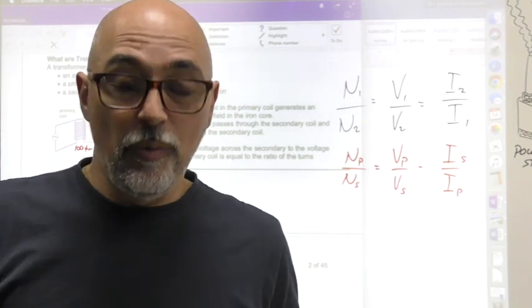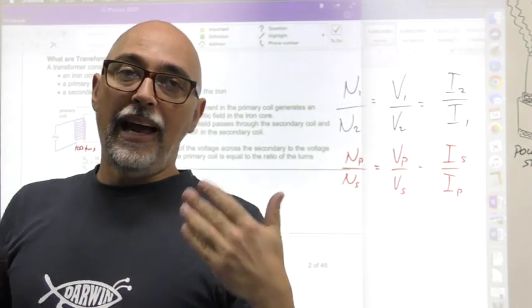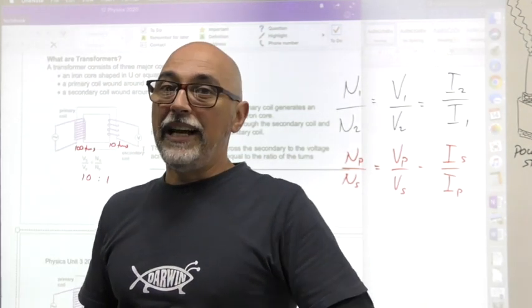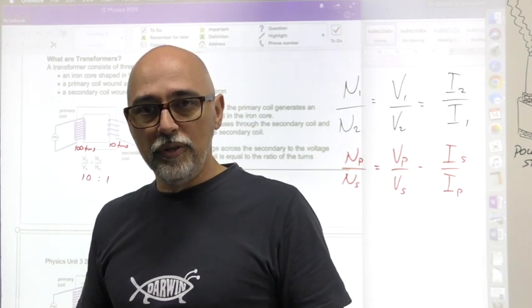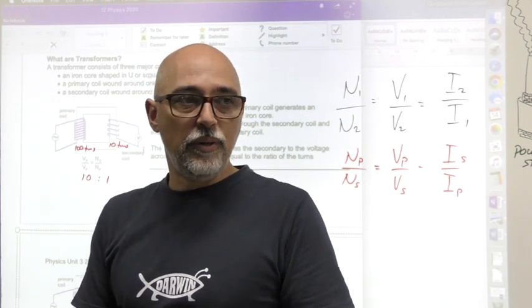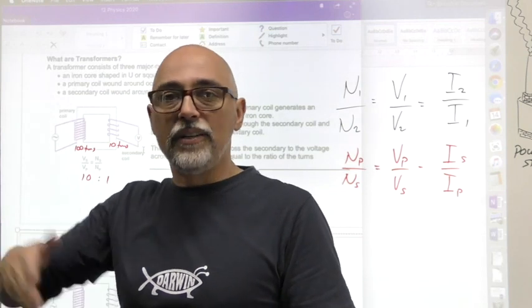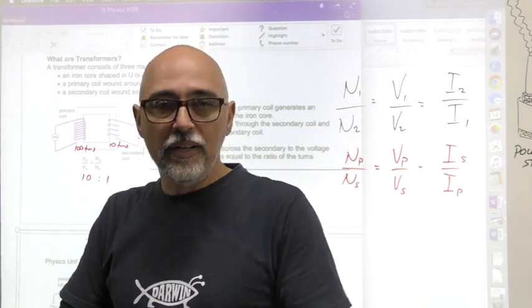And that is where it will stay, because a transformer relies on a changing flux through the turns to induce the current on the secondary side of the transformer.